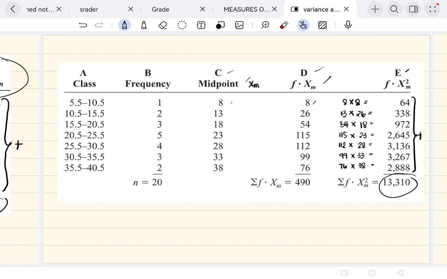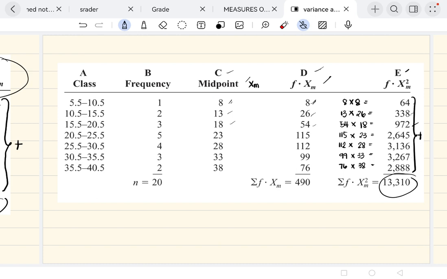Again, for this step, we multiply our column D by our column C. So 8 times 8 is 64, 26 times 13 is 338, 54 times 18 is 972, and so on. Then we add all the answers in column E, that is 13,310.